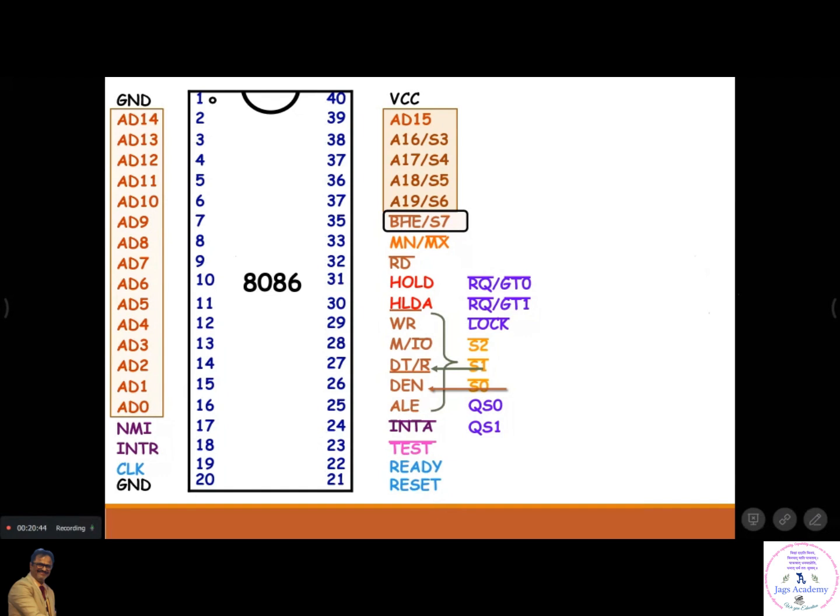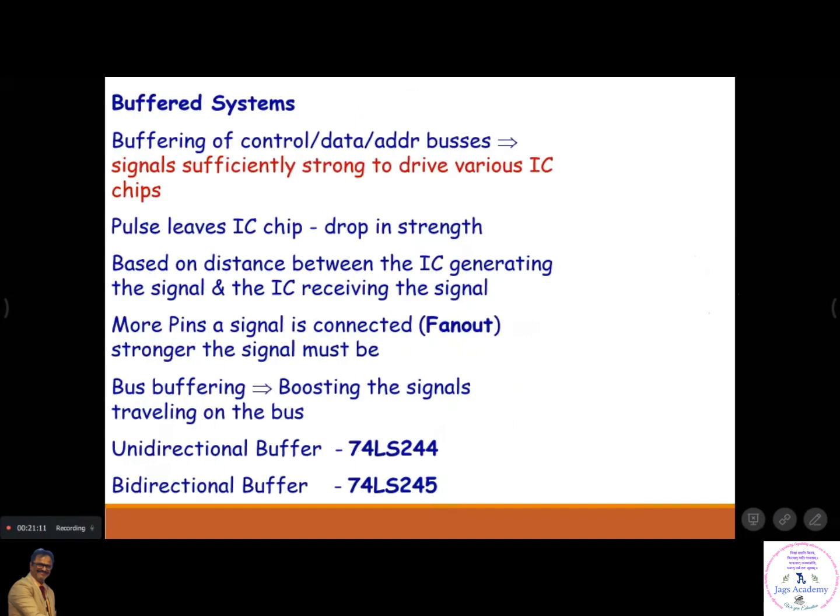We need something else. You cannot use 74LS373 or 273 for that, but you have to use something else. So data enable is something that, whenever it goes low, means your address data bus can be enabled as only a data bus. You're going to separate it into the data bus.